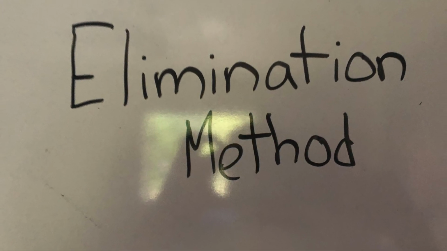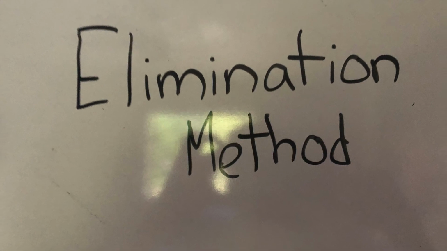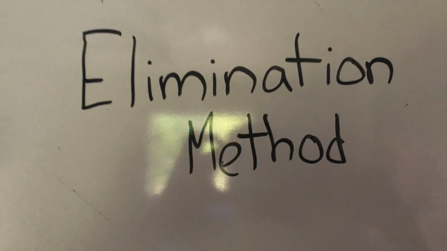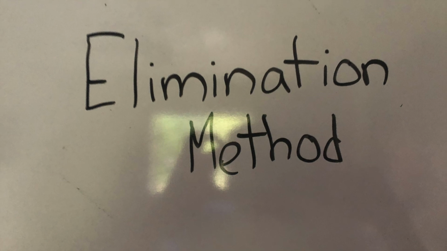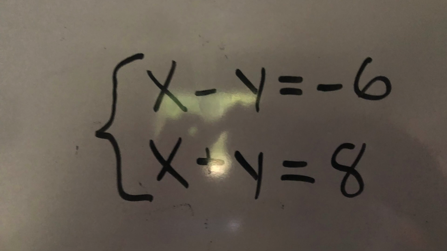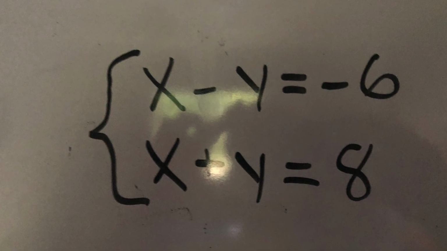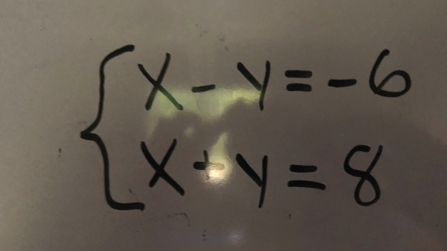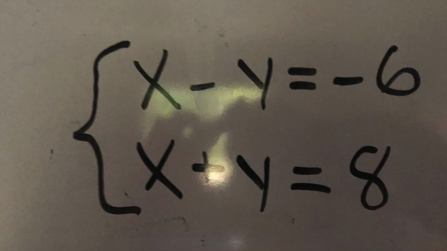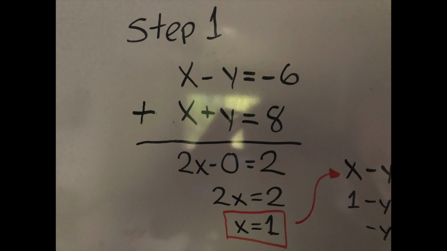Now we are going to solve a problem with the elimination method. So this method consists of getting one of the variables first to get the other one by eliminating one of the variables. So we're going to start by adding these two equations.